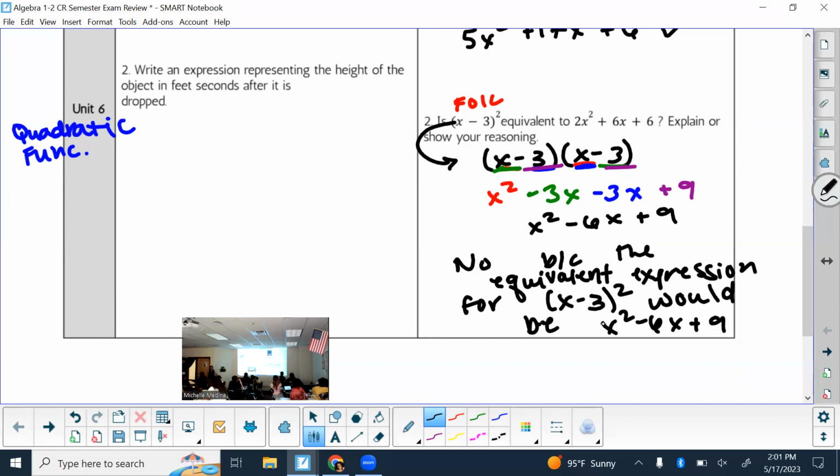And then of course you could have figured it out another way that makes it not equivalent. You just have to explain it whatever way you did. So questions on that? I do think that's easiest, but that's my opinion. Questions on others?